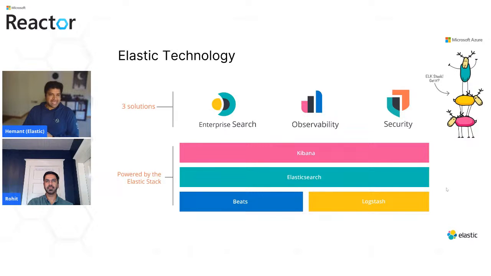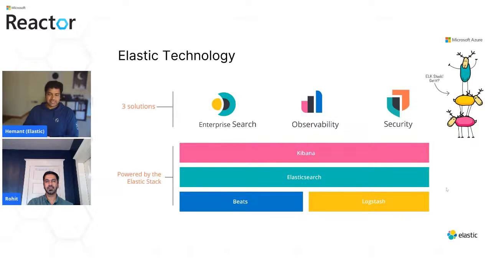So at Elastic, we go to our users and customers with three solutions: enterprise search, observability, and security. All of these solutions are based on the same unified Elastic stack. So what you use for making those Yelp-like search experiences available to your customers or to your teams is also the platform that companies like eBay use to keep a tab on how their systems are doing, the observability aspect of the business.